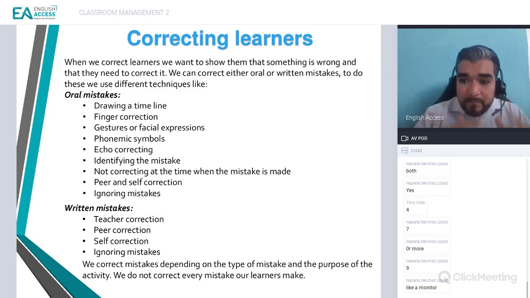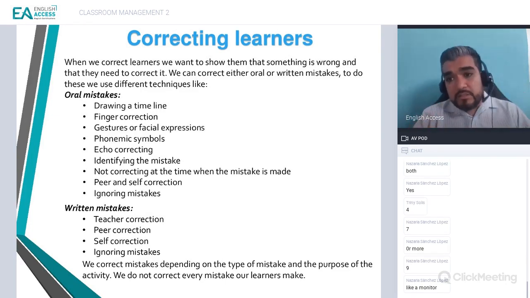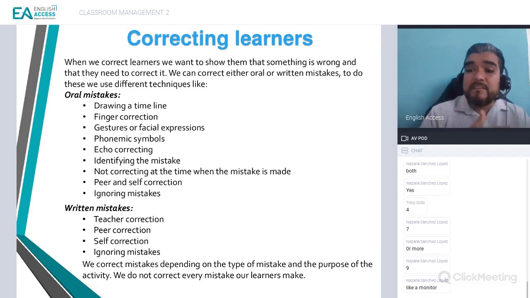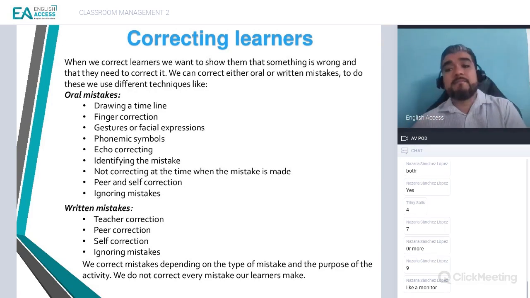Because you are training your students to identify mistakes in pronunciation, and whenever the monitor needs to practice the same dialogue, he's going to be more careful, because he previously identified the mistakes in his classmates and now he's not going to make them.